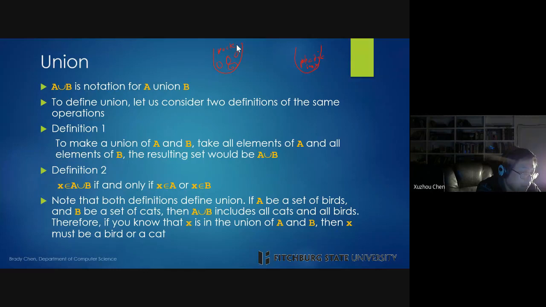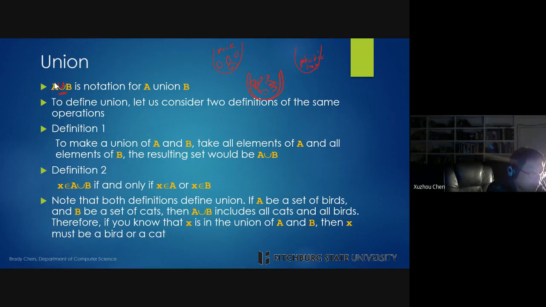So if I put all the rocks and the plastic boxes in the same bucket, then that's the union of these two. Okay, we normally use the notation like a U. So that's a union of two sets.